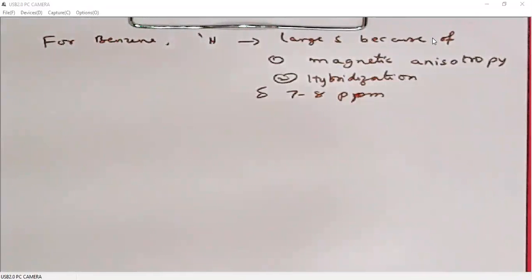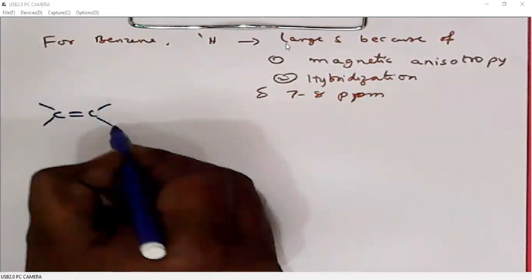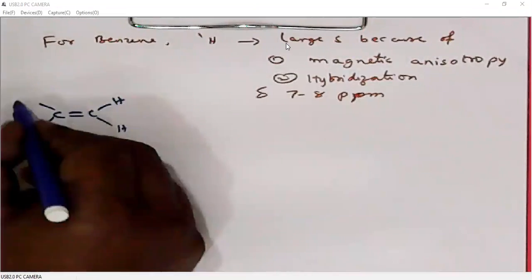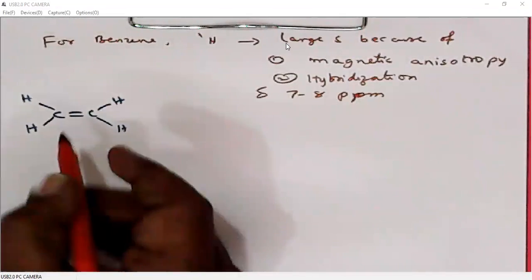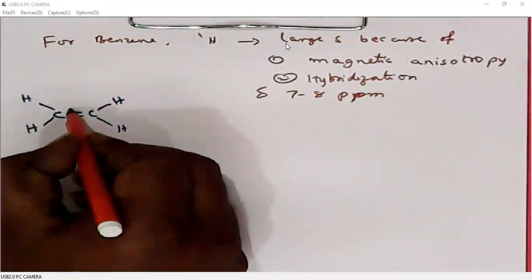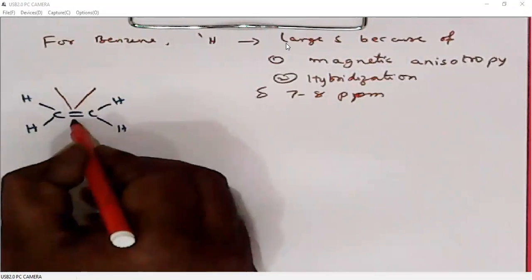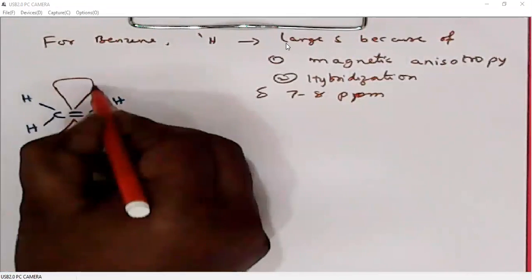Now we can extend this concept to other molecules. For example, take the ethylene molecule, with a double bond. In a similar fashion, the ethylene molecule has a pi bond, so its pi electrons will be circulating above the plane and below the plane.